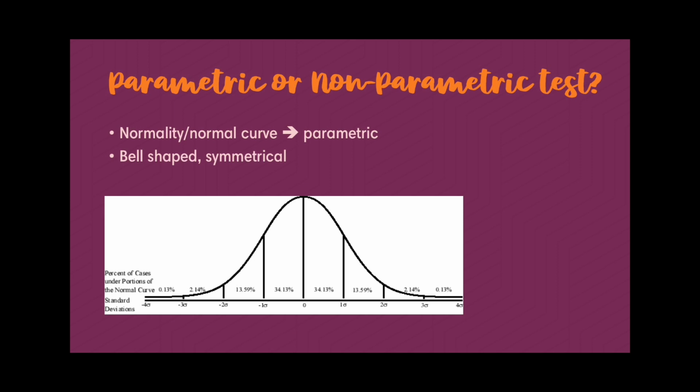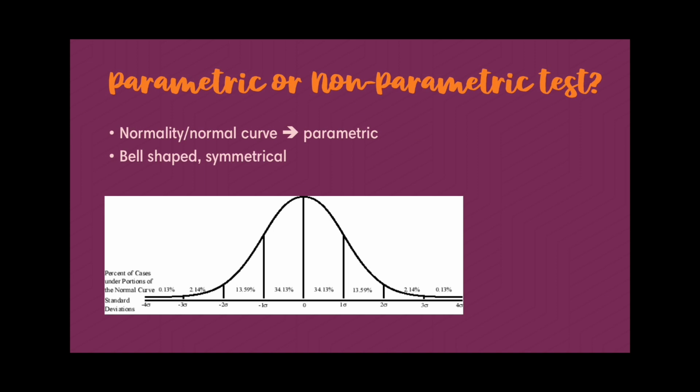Before I go to defining parametric and nonparametric test, we have to identify the more important criteria for us to choose a parametric test. So in order for us to choose a parametric test, the continuous variables in our hypothesis must be normally distributed.